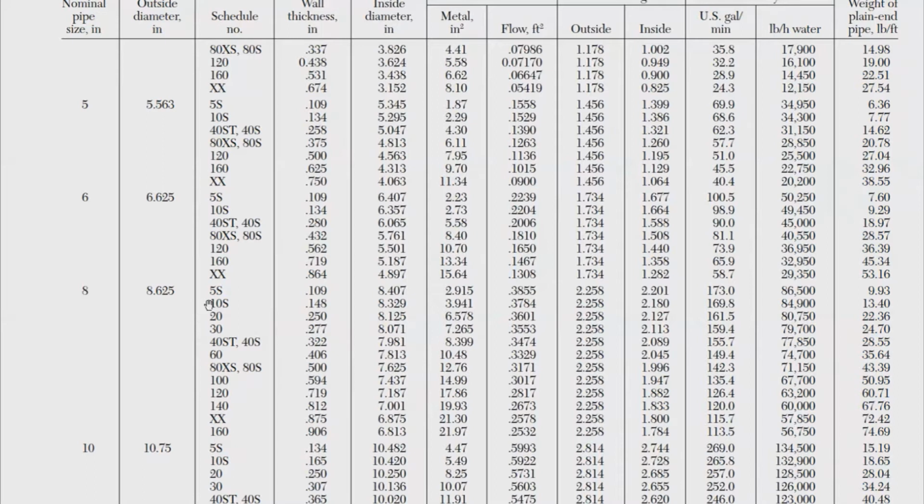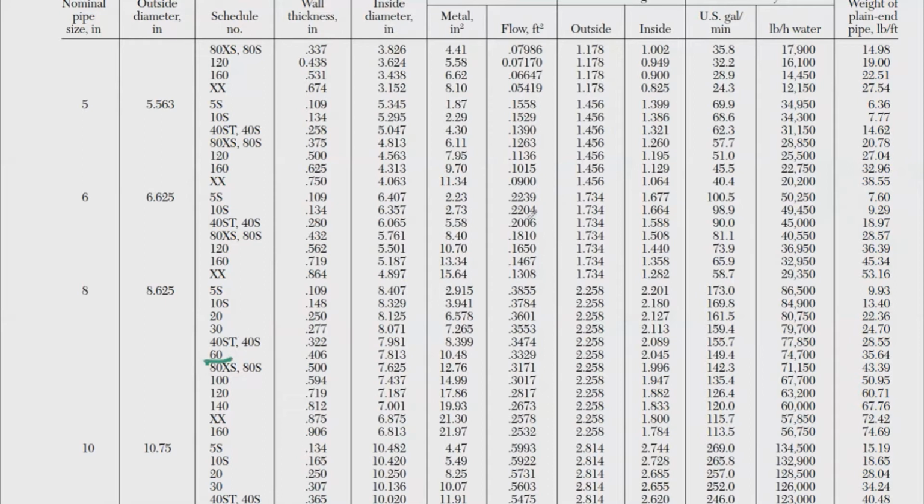But technically, the numbers indicated here are the schedule numbers. So for 8-inch nominal pipe, we have schedule 5S, 10S, 20, and in this case we need the one that is at schedule 60.